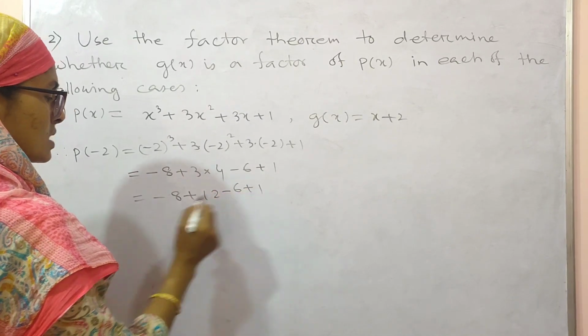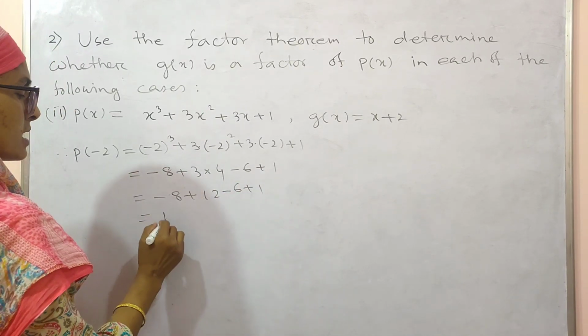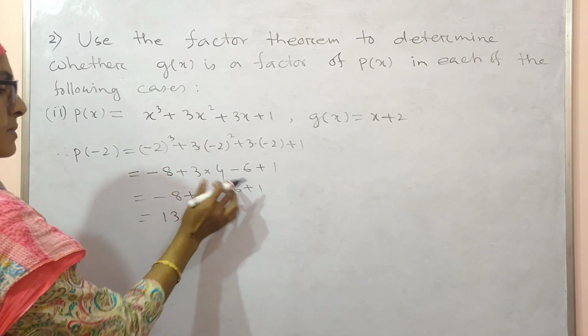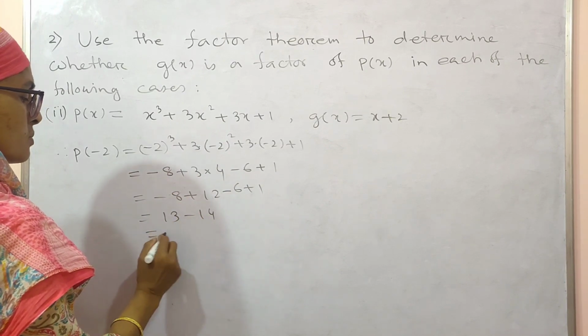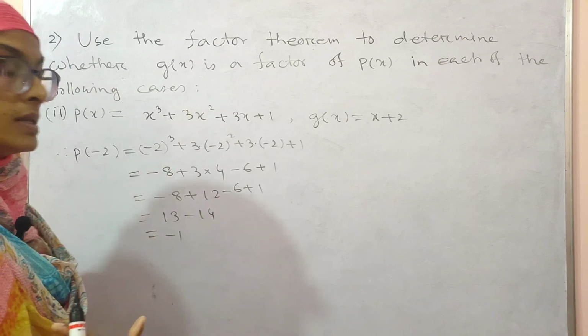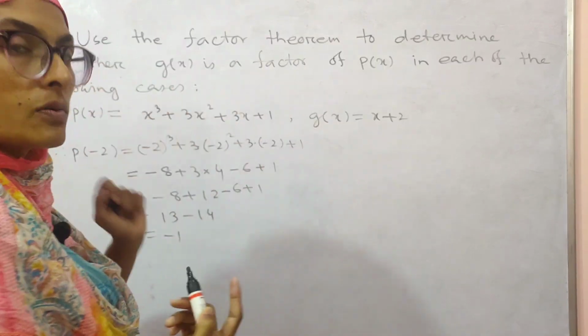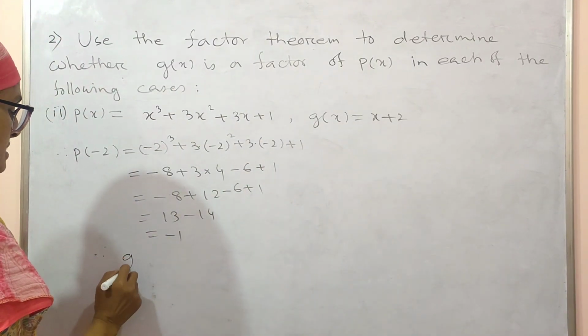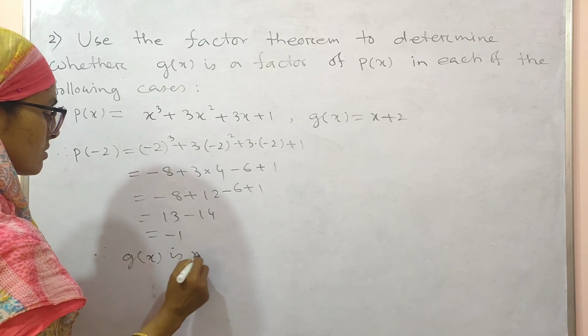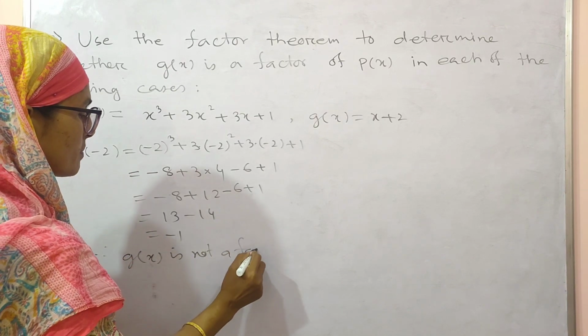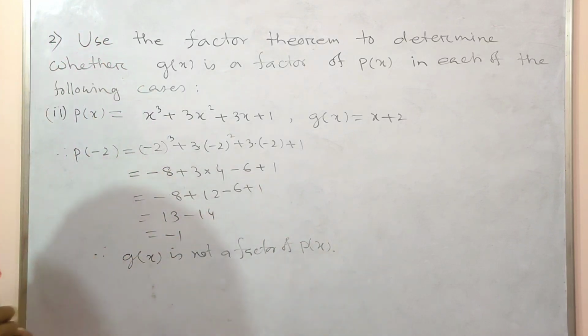Minus 6 plus 1. So 12 plus 1 you will get 13, minus 8 minus 6 you will get minus 14. So minus 1. So you cannot say this is a factor of this. Therefore, g(x) is not a factor of p(x).